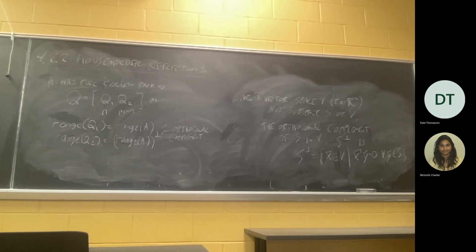Question. You said that we could impose that condition where the diagonals are positive. If the diagonals were not positive, could you multiply by some scalar or something? Yeah, you can make them positive.